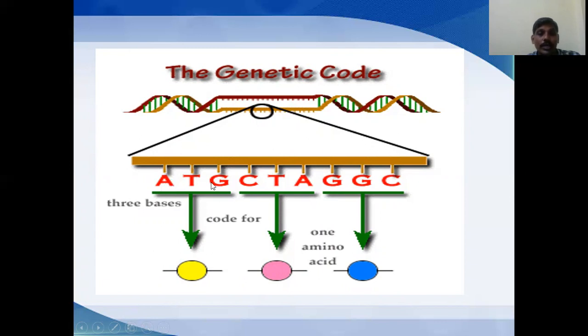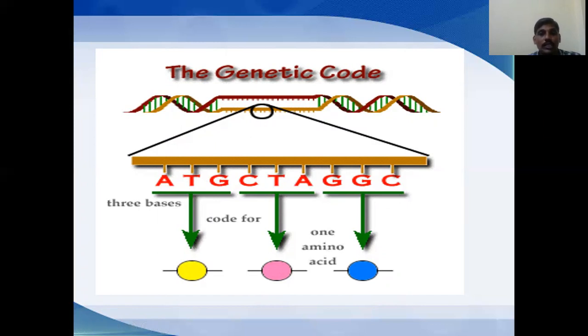So here ATG is a 3 nucleotide group which recognizes a particular amino acid. So 3 bases code for 1 amino acid. In this way ATG recognizes 1 amino acid, CTA recognizes 1 amino acid, and GGC recognizes the 3rd amino acid. In this way, amino acids are recognized.